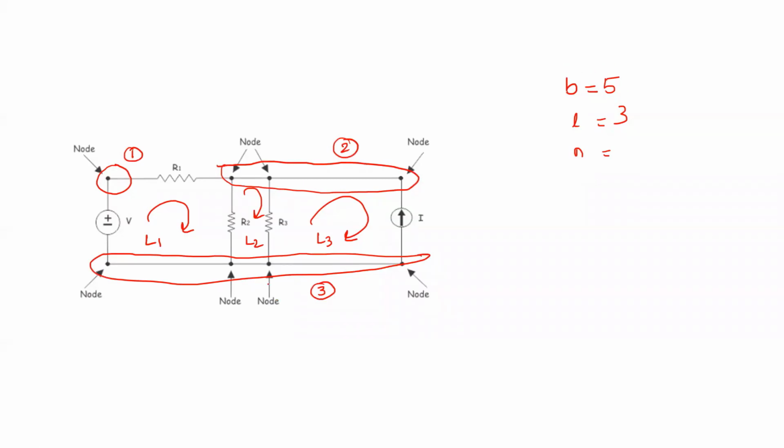Number of nodes in this circuit. These namings are given just to confuse you, but the right answer is 3. All right. Now, number of branches. Number of branches is 5, equals number of loops plus number of nodes minus 1. Here LHS equals RHS.